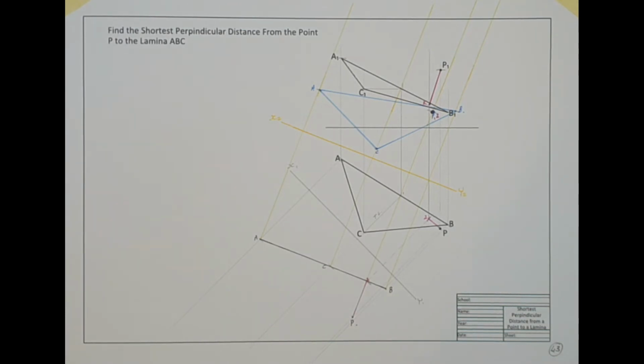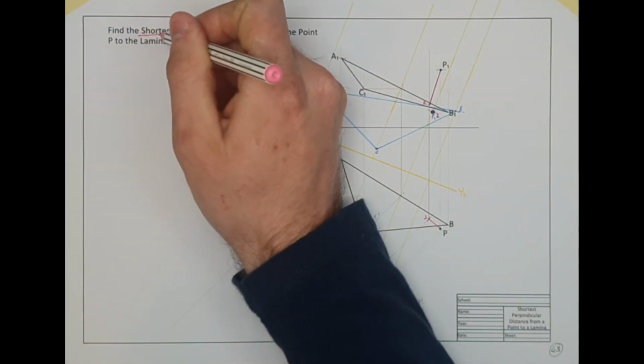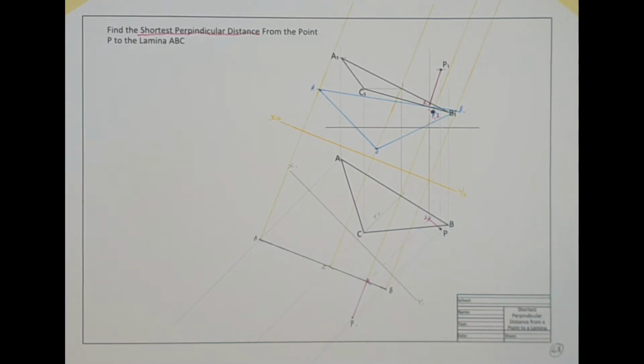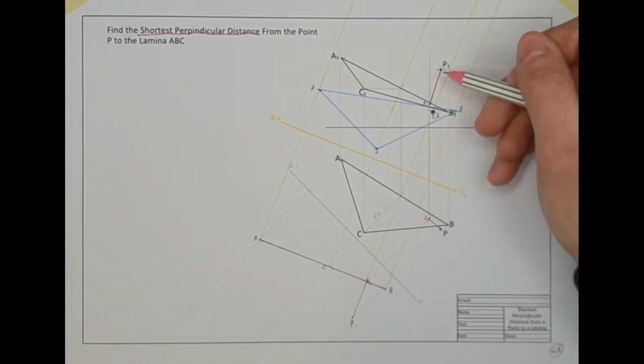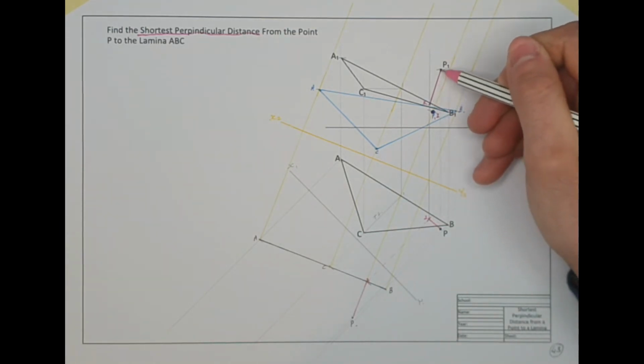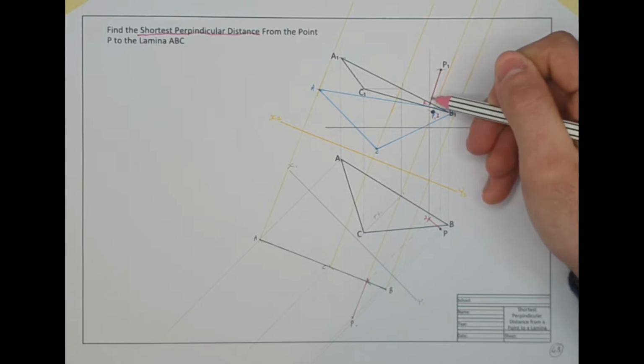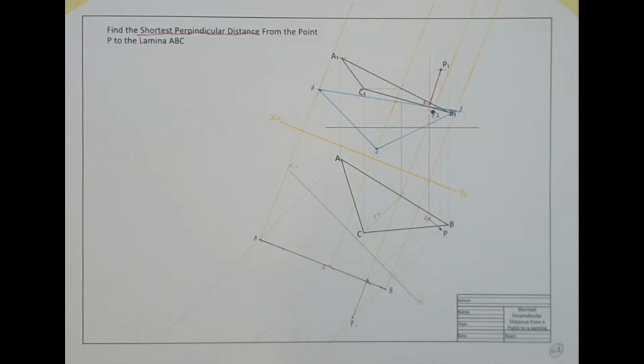Find the shortest perpendicular distance from the point P to the lamina ABC. Now, the way the question is worded is a bit odd in a way, because find the shortest perpendicular distance is strange because there is only one perpendicular distance from a lamina to a point. What we have to imagine is that in every view we take, that pink line is sitting at 90 degrees to the plane.